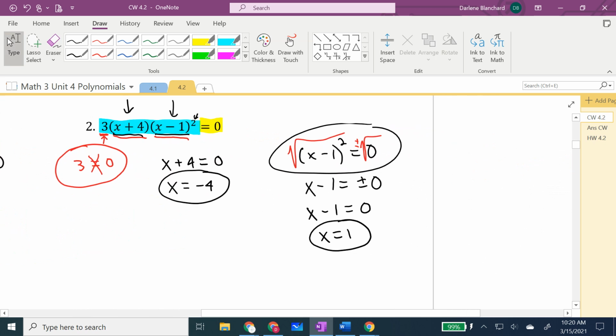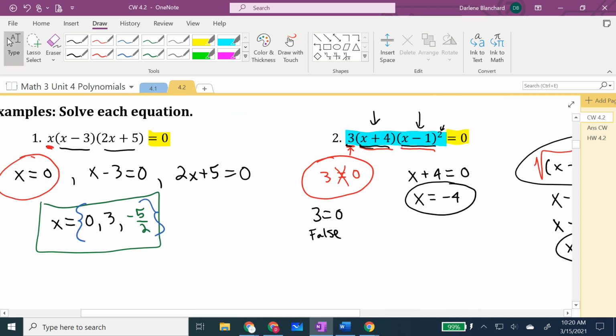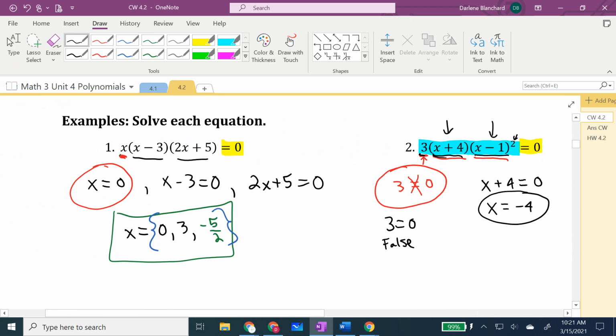So if you set each one of these factors equal to 0, when you write 3 equals 0, it's a false statement. And you want to see the difference between that and when you set x equal to 0. This will only be true if the variable is actually 0.